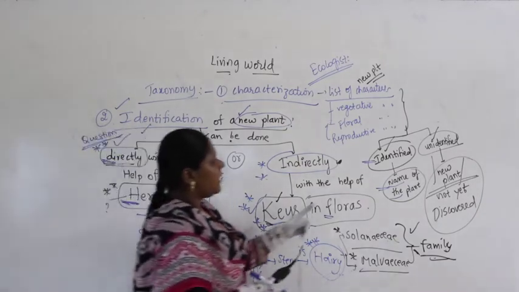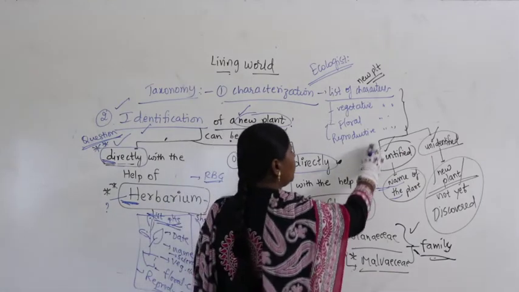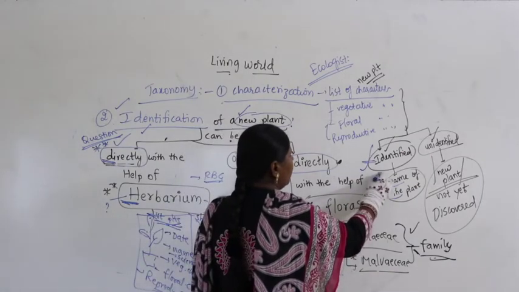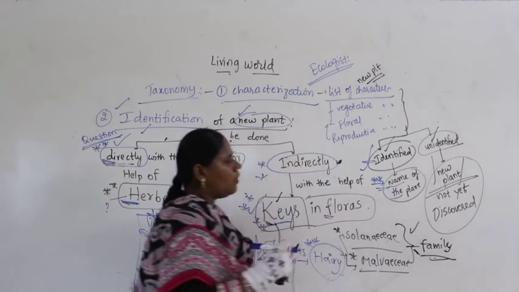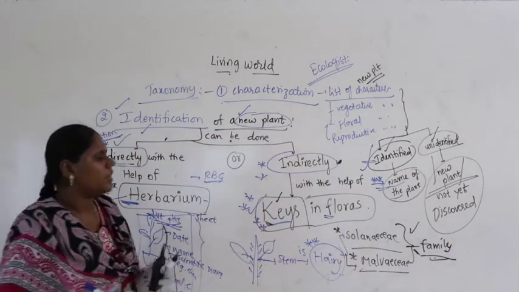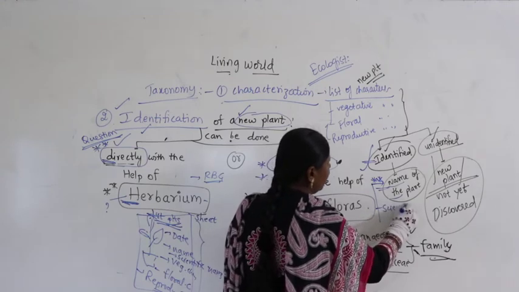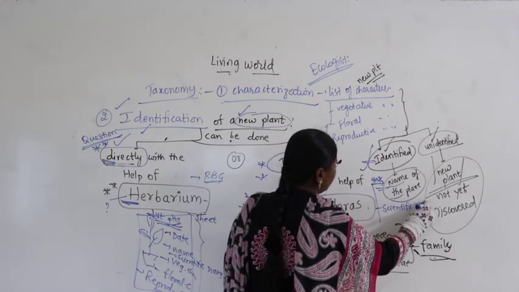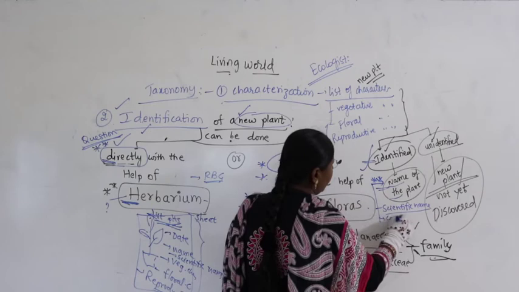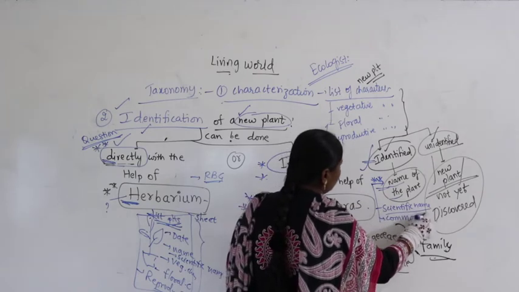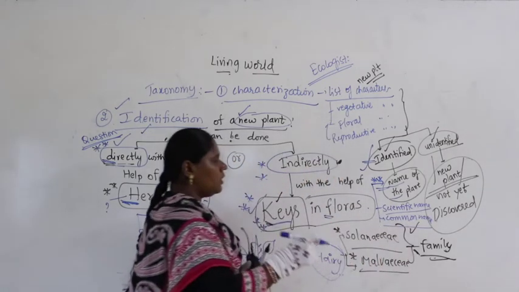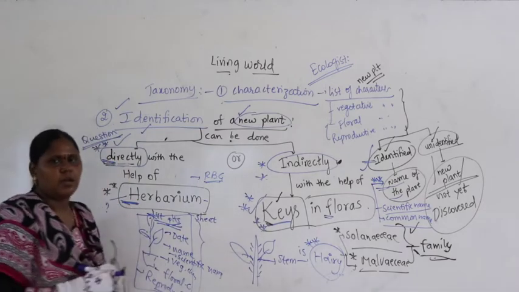Suppose it is an identified plant, then he will come to know the name of the plant and he will write in the data, okay, the scientific name is so and so. If it is an identified plant, he will find out the scientific name, the common name, and he will come to know the total information about the complete name of the plant.